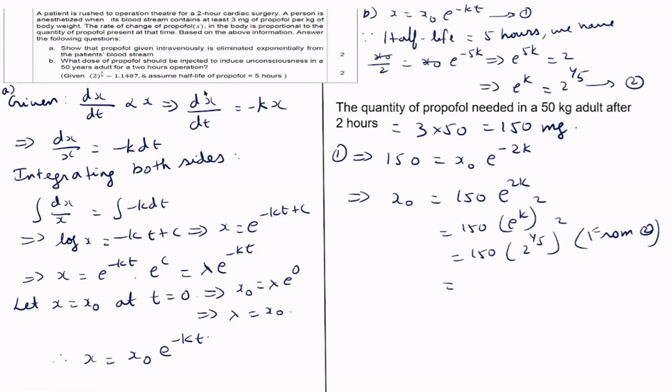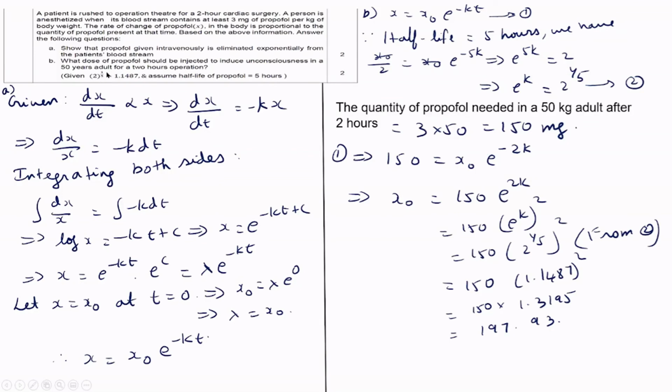So in the question it is given 2 raised to 1 by 5 is 1.1487. So this is equal to 150 into 1.1487 the whole square. So when we simplify, we get 150 into 1.3195, which is 197.93.